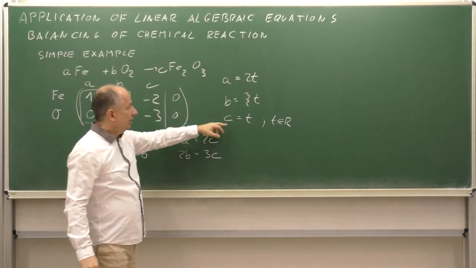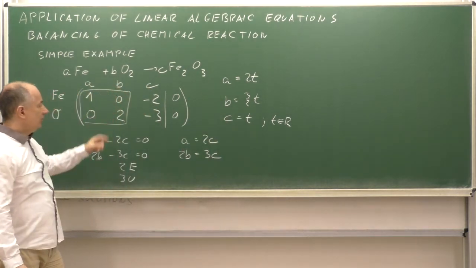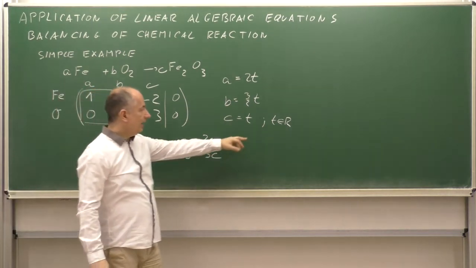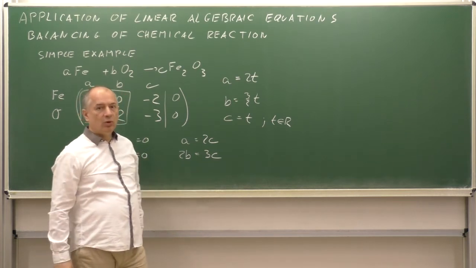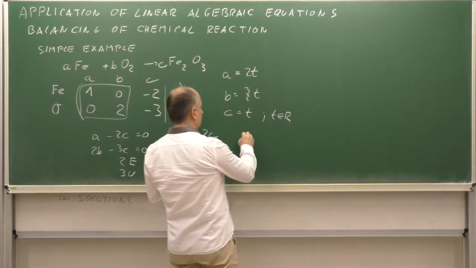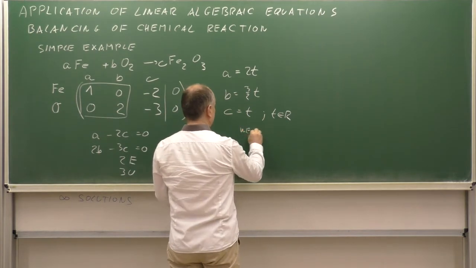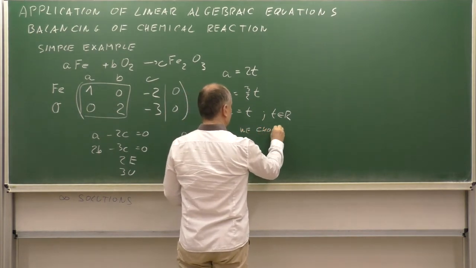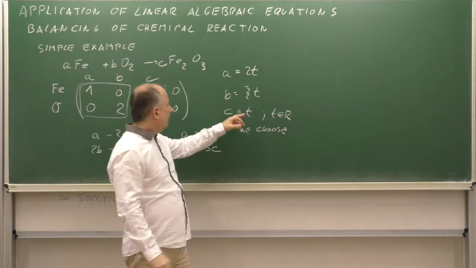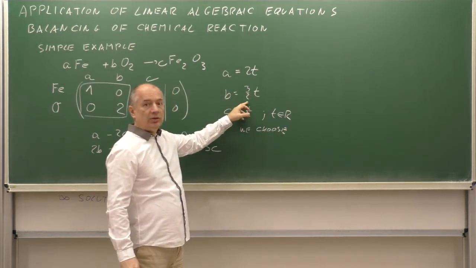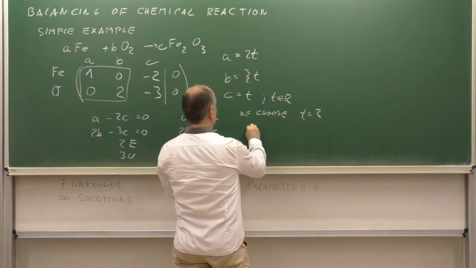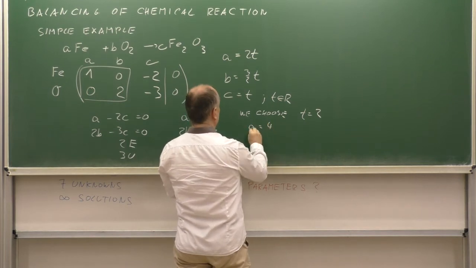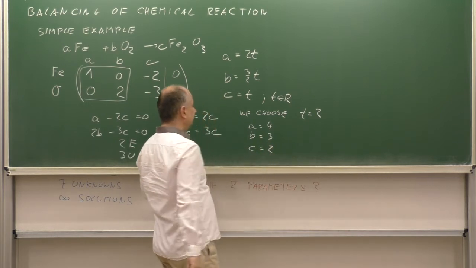This is indeed a solution to this system of equations, for any real t. But we are interested in small positive integers, so to avoid some fractions, we choose t is 2. And then we get A is 4, B is 3, and C is 2.